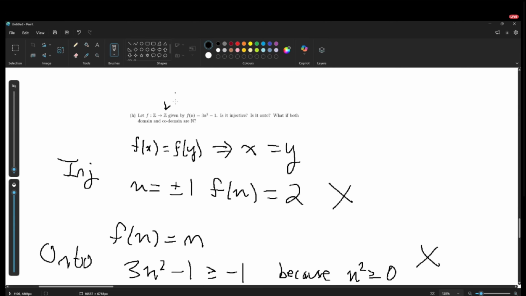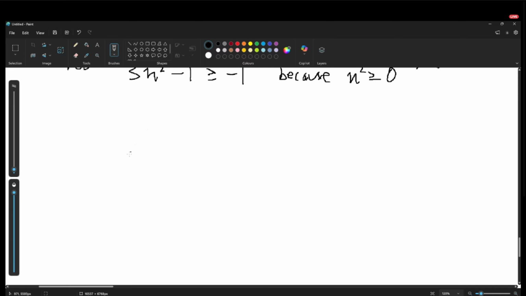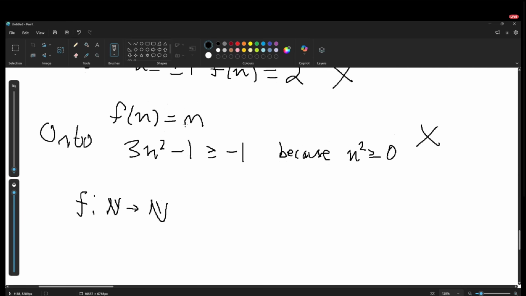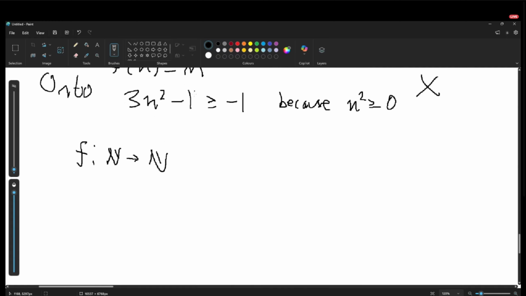Okay, so what if both the domain and codomain are N? Now, both the domain and codomain are N, so that means integers that are strictly non-negative. So for the case where f was instead from the naturals to the naturals, you can see that our example where n is a negative and a positive number no longer works, because all the numbers are strictly non-negative.